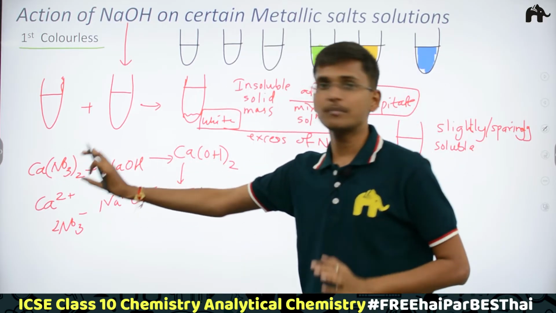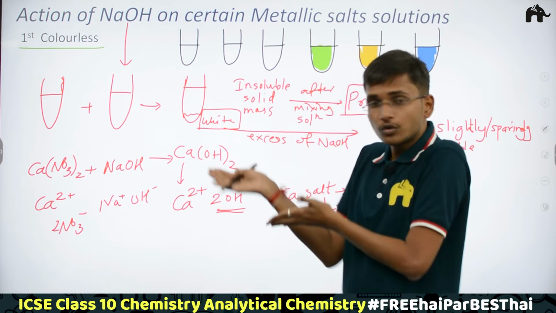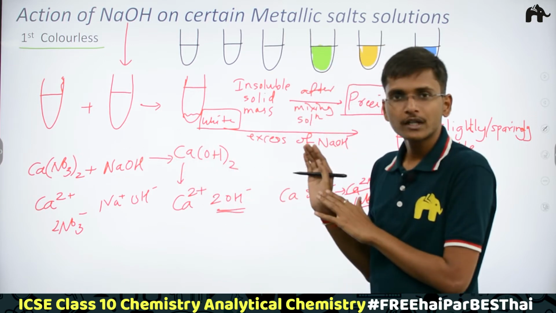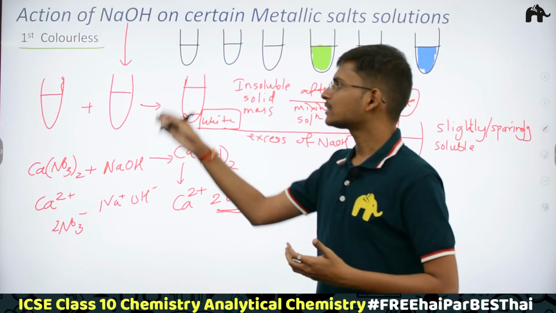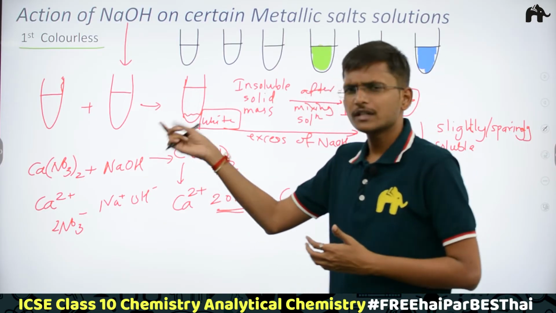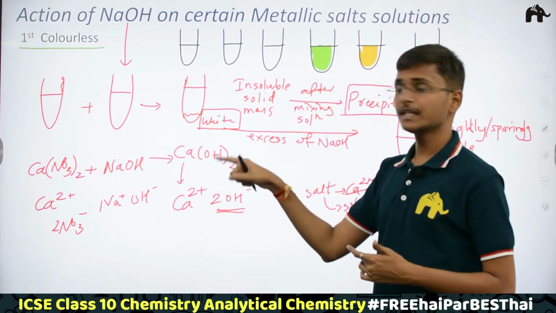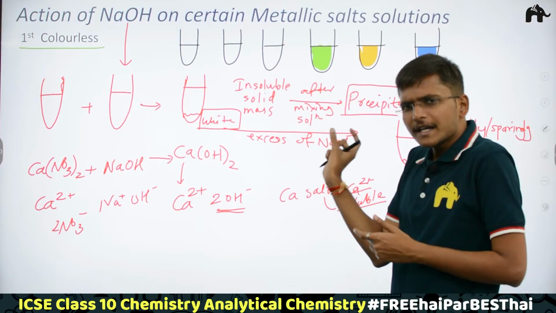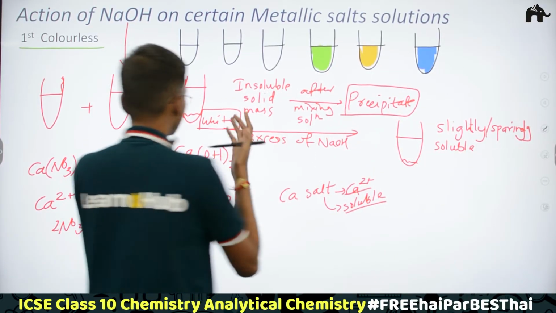And this part is important, because in exams, if they ask you on your own to write the reaction, suppose they say we are adding a colorless NaOH solution to a colorless metallic salt solution, and you get a white precipitate which is sparingly soluble after adding excess NaOH, then write the chemical reaction.